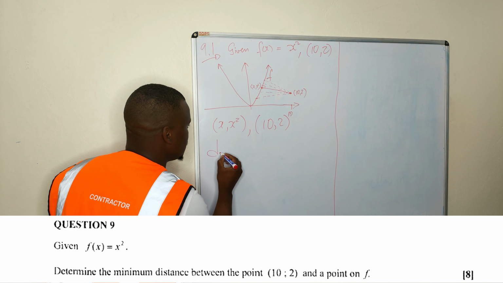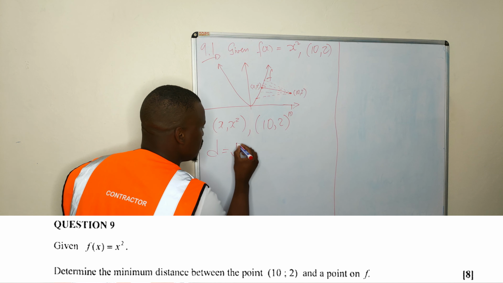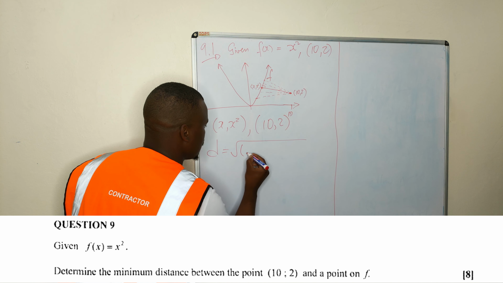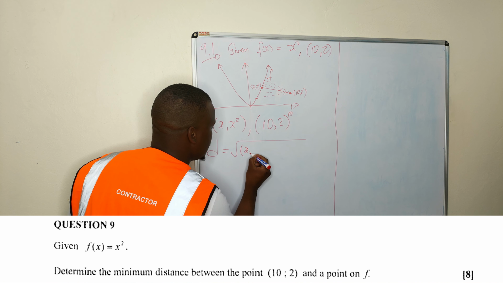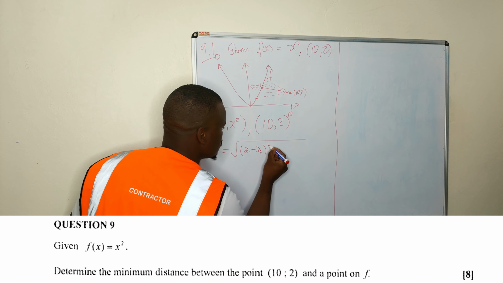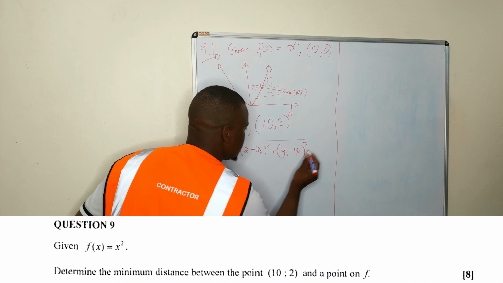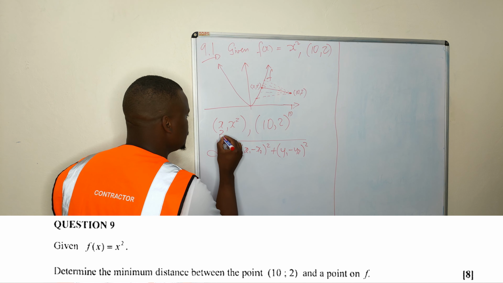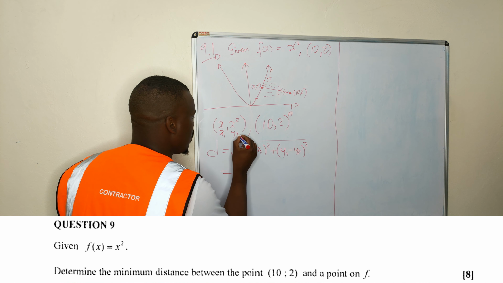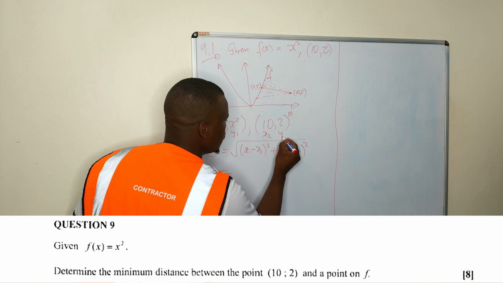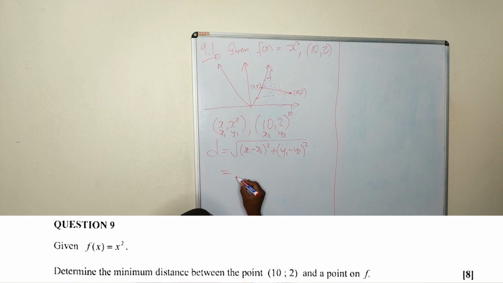So the distance between these 2 points is equal to the square root of what? Of (x1 minus x2) all squared plus (y1 minus y2) all squared. So x1, y1, x2, y2. So what do we have?